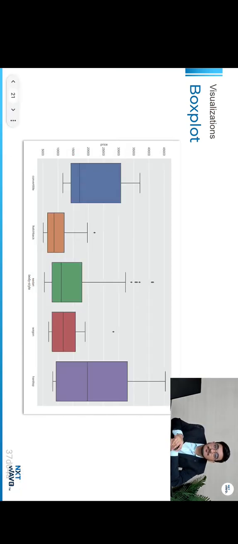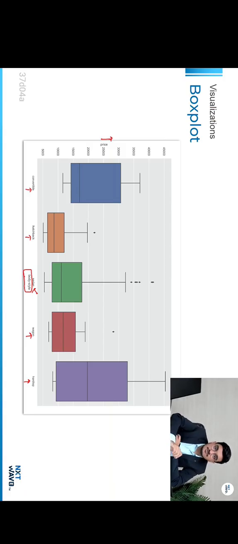Now let's look at the box plot with multiple categories. Here, body style is in the x-axis, and in the y-axis we have the price. We want to understand how the data is distributed for all these categories of body style, which is convertible, hatchback, sedan, wagon, and hardtop, and also compare them with each other.